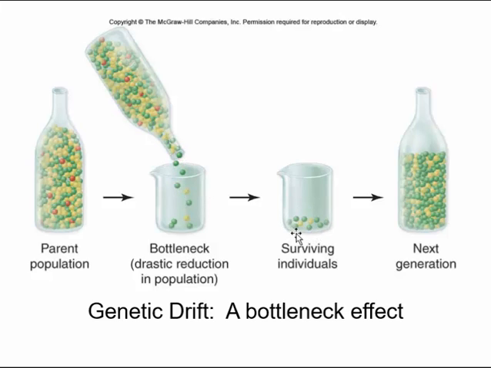Here are the surviving individuals. Even if your population rebounds and the numbers come back up, look, there are more green alleles than yellow than there used to be, and there's no orange allele at all. You've lost that genetic diversity.